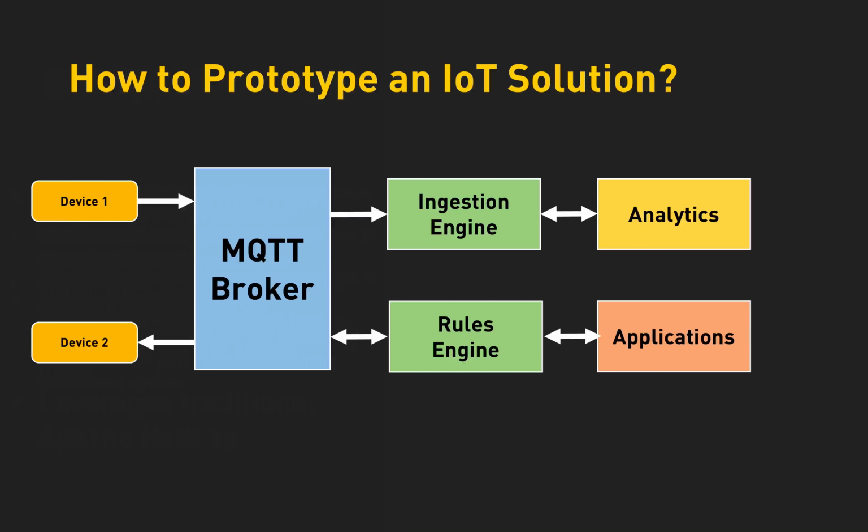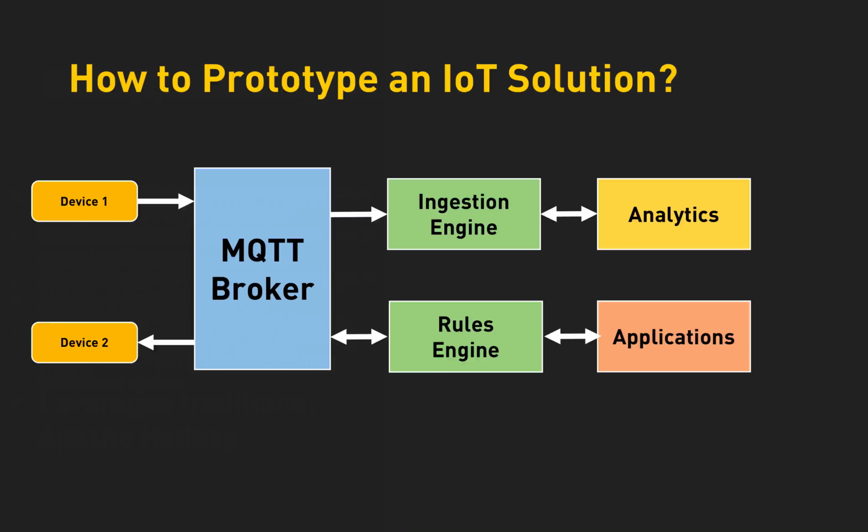So the devices that are connected to the platform are actually talking to a centralized orchestration engine called the MQTT broker. And if you recall, this is the gateway plus an M2M orchestration engine, which will facilitate the messaging across multiple devices. It uses a pub-sub model where a device will publish its data to a topic, and any interested party subscribed to the same topic will be able to receive that message.